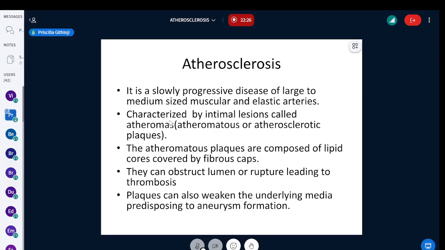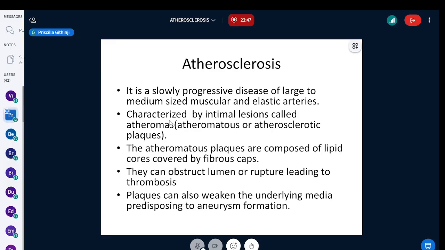Other books will refer to these atheromas as atheromatous or atherosclerotic plaques.